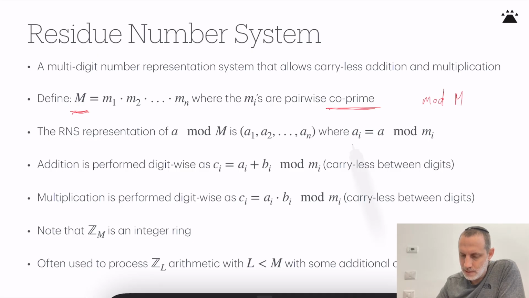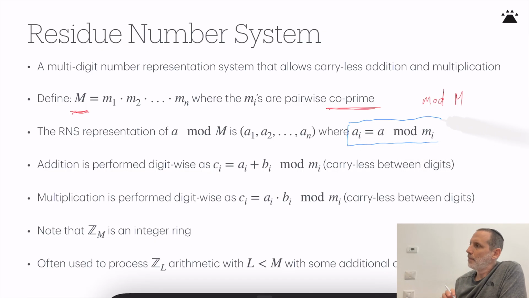So I have all these, we can call them, partial remainders. Now, if I take this representation and I want to add in this representation, it's very easy. I add individually per, maybe we can call it, coordinates.